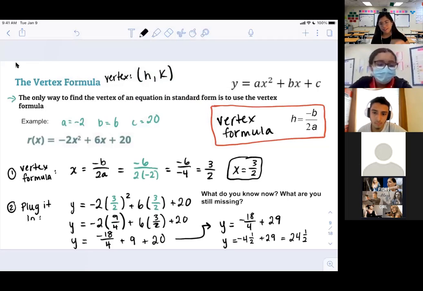So how do I keep that as a fraction though, as an improper fraction? 24 and a half, improper fraction. How do I turn that into an improper fraction?